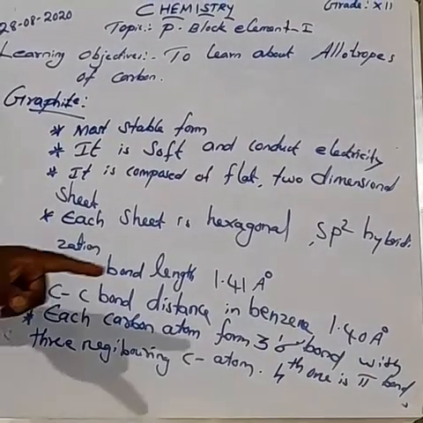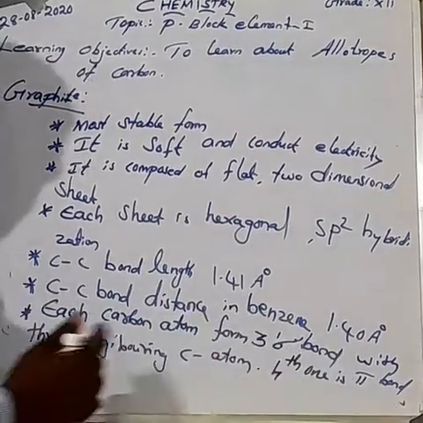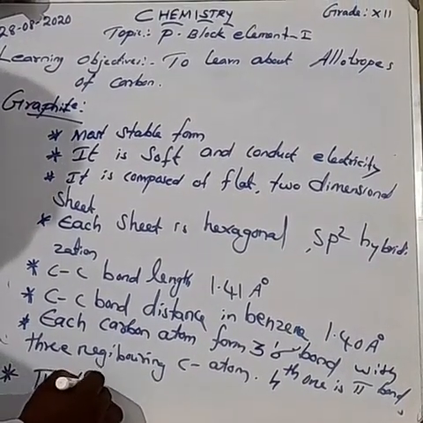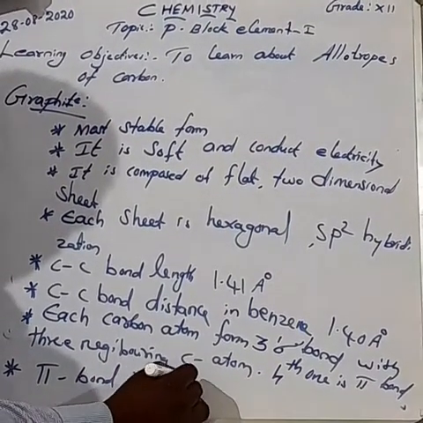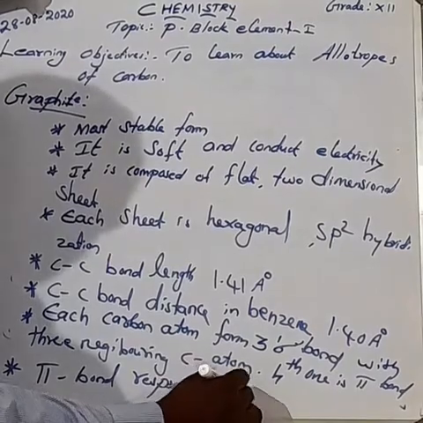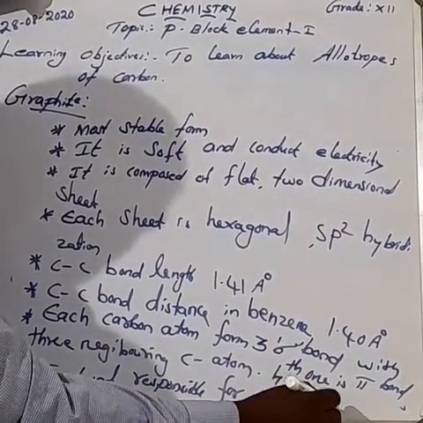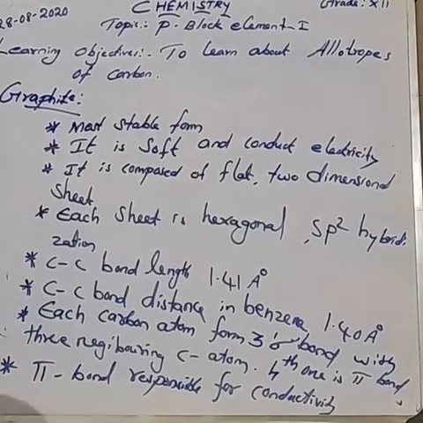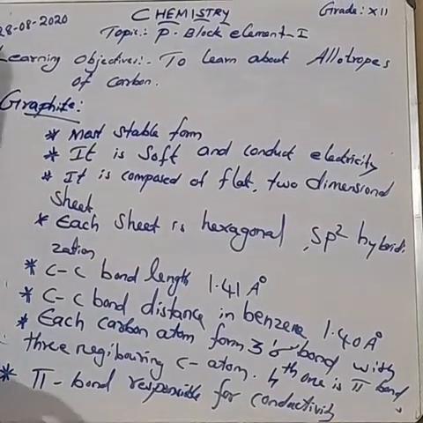The pi bond is responsible for conductivity. So graphite is a good conductor of electricity. That's the reason.